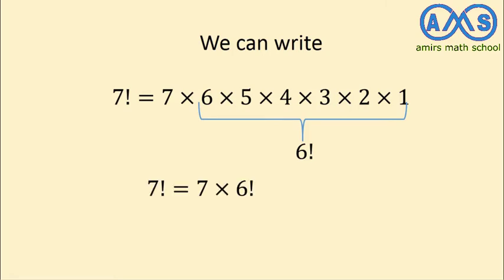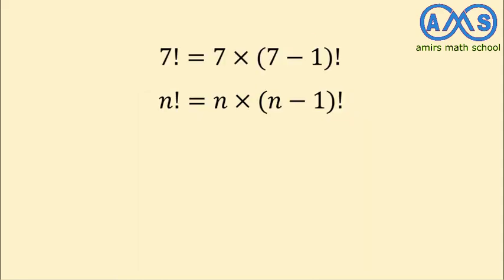So we can write 7 factorial equals 7 into 6 factorial. And if we write it another way, 7 factorial equals 7 into, for 6 we can write 7 minus 1, that is 7 minus 1 factorial. If we substitute n in place of 7, we can write n factorial equals n into n minus 1 factorial.